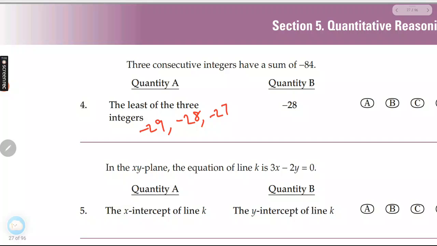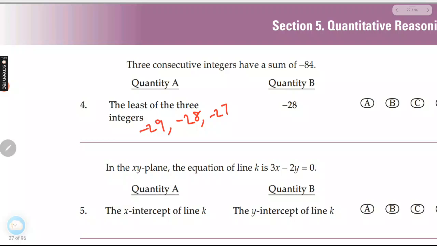For the sake of maths and enjoying maths, I hope you are enjoying it a little. Can you quickly add 29 plus 28 plus 27? Don't leave out the minus, we put the minus later. 29 plus 28 plus 27 will give us 84.